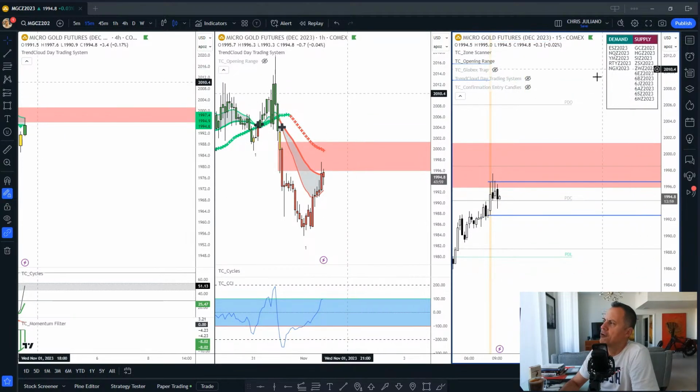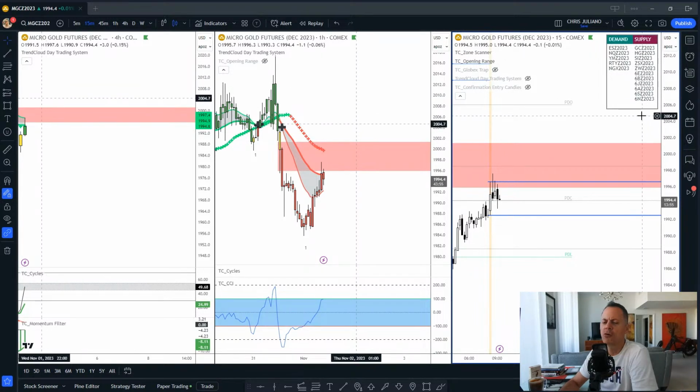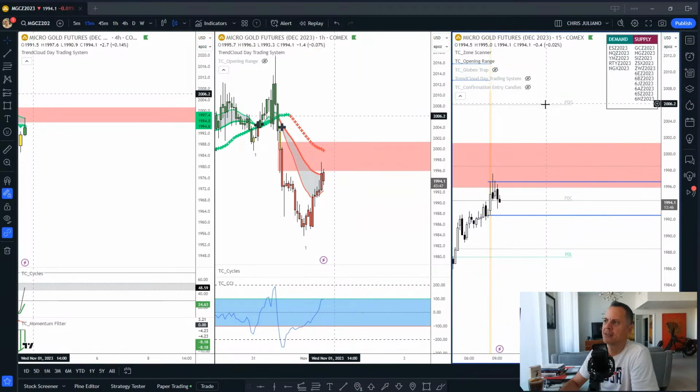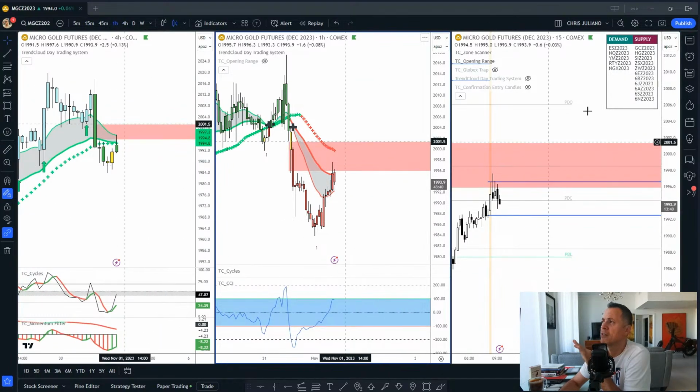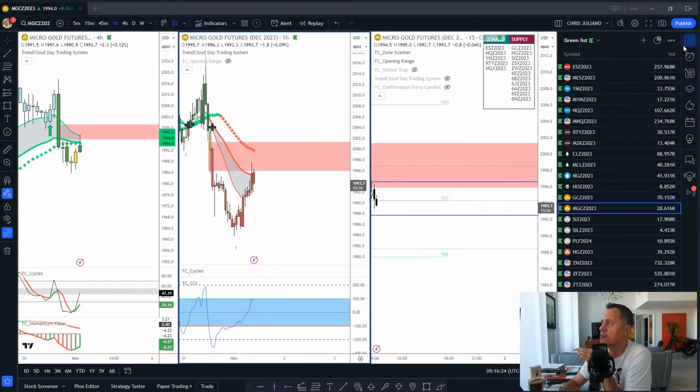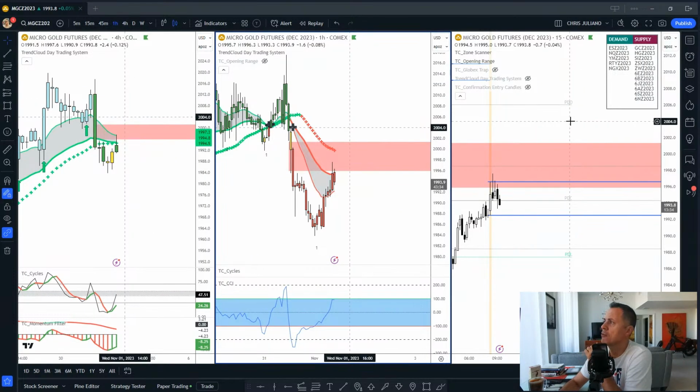On your supply and demand zone scanner, this seems like there's more supply zones in play than demand zones. So that means market sentiment more to the downside according to our process among these 20 contracts from our watch list.